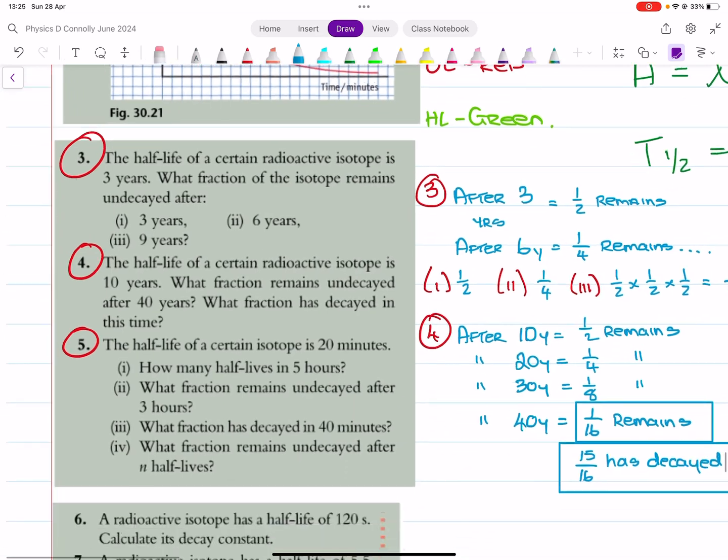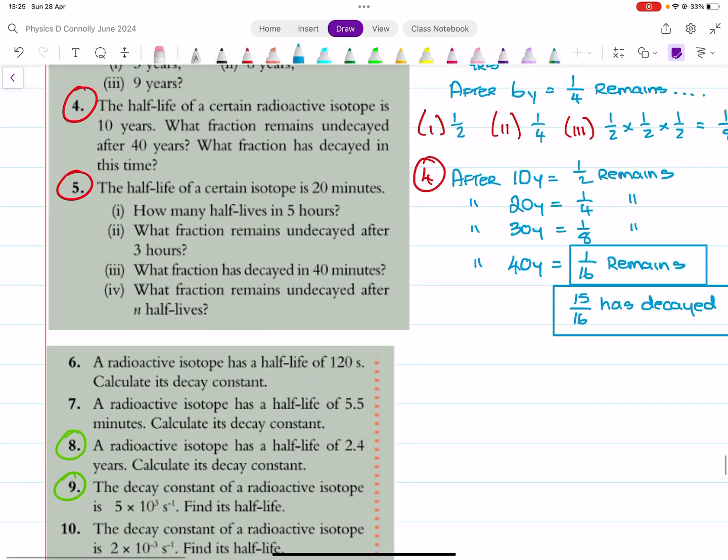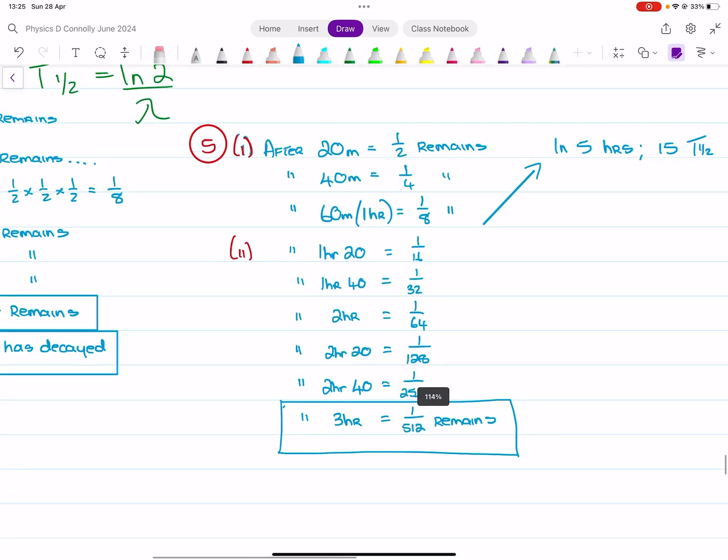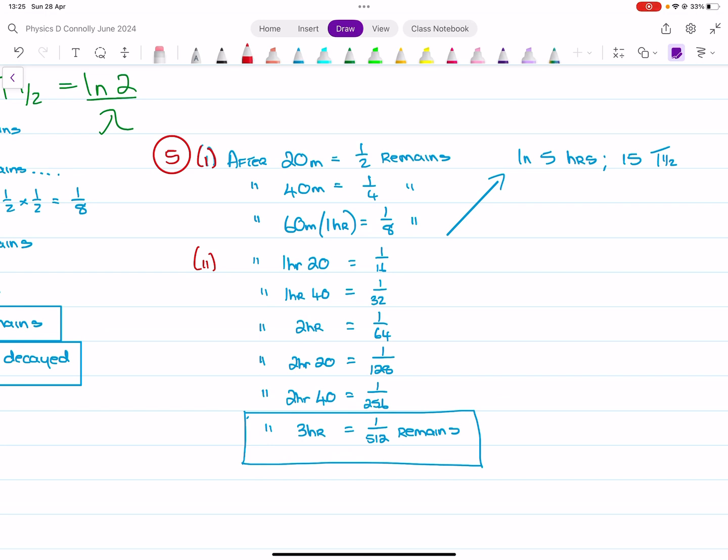Okay. What fraction has decayed in 40 minutes? Where's 40 minutes? So 40 minutes is this line here.